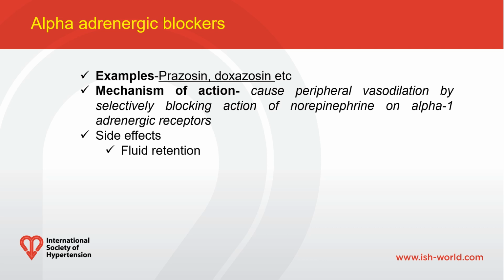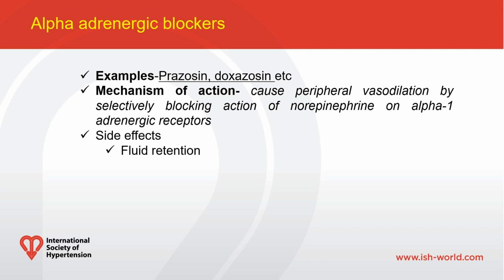Alpha adrenergic blockers, we have examples here: prazosin, doxazosin. The mechanism of action: they cause peripheral vasodilation by selectively blocking the action of norepinephrine on alpha-1 adrenergic receptors.